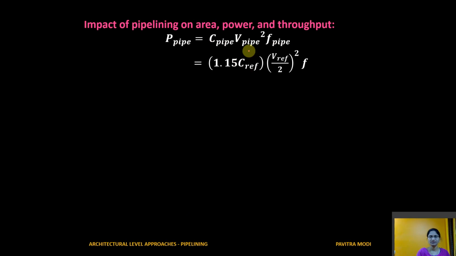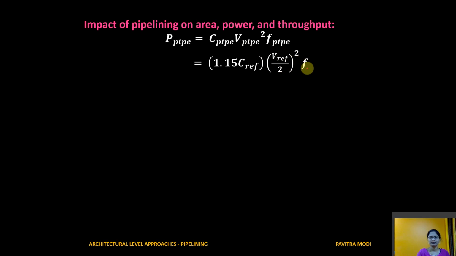Of course, we can reduce the frequency. Why? Because instead of operating the circuit at 200 megahertz, we have operated that at 100 megahertz. As the frequency is reduced, definitely voltage is going to be reduced. Therefore, your voltage is going to be considered as half that of the reference value. Therefore, V reference by 2 whole square into F.